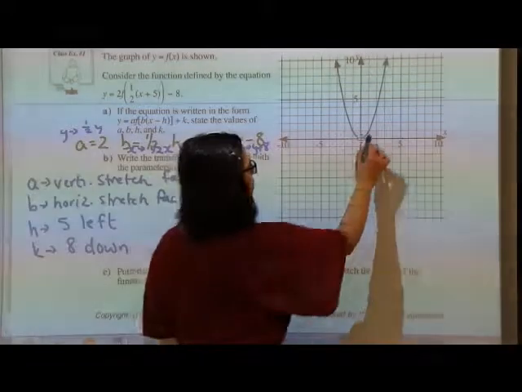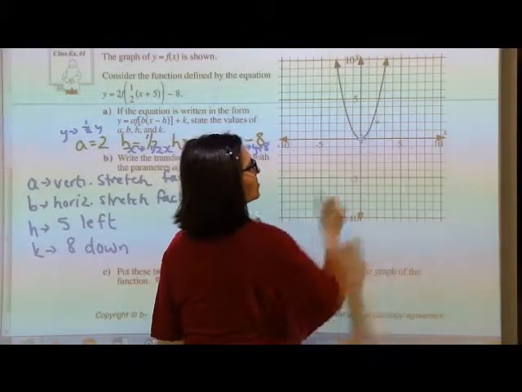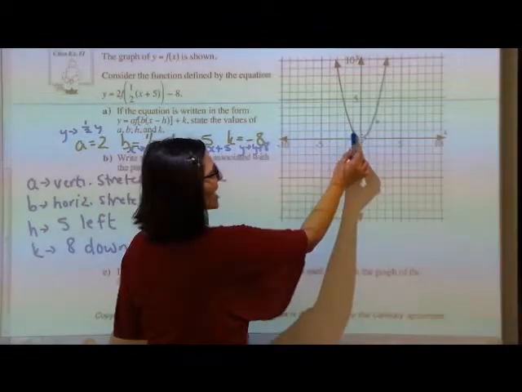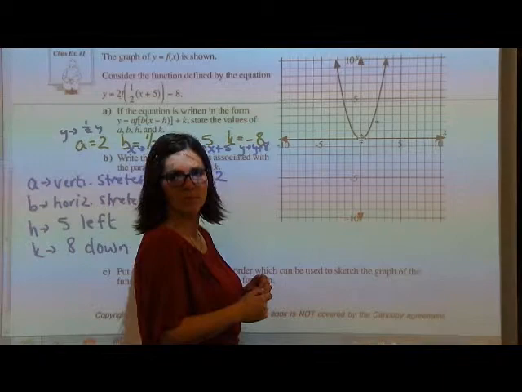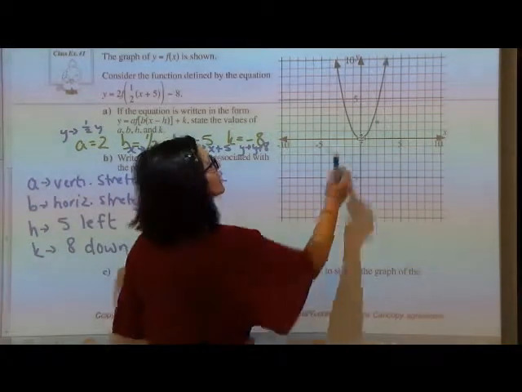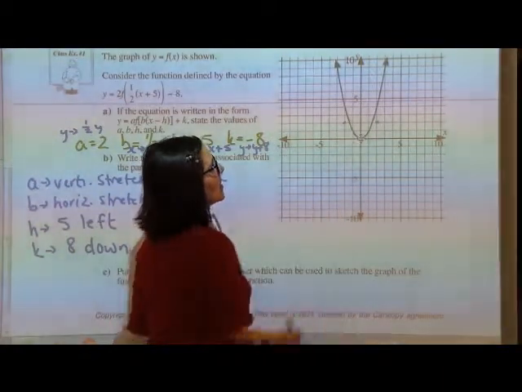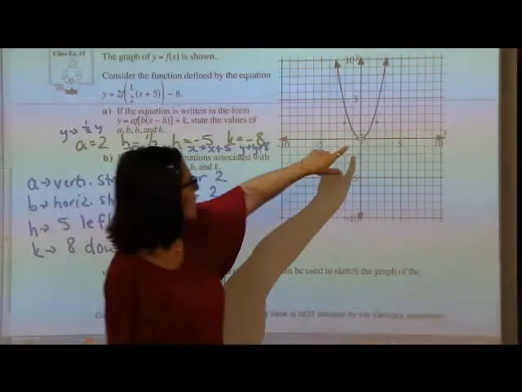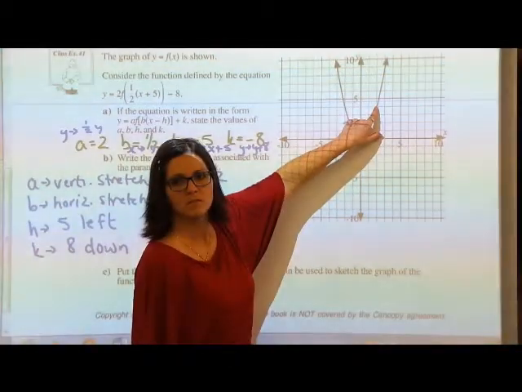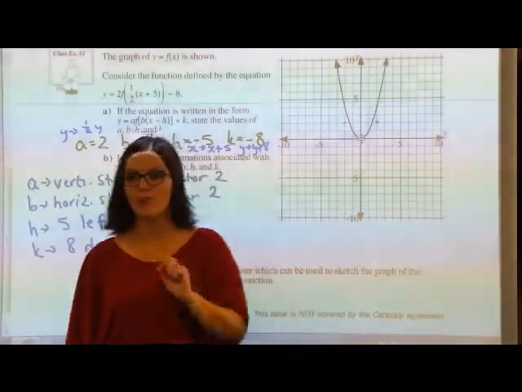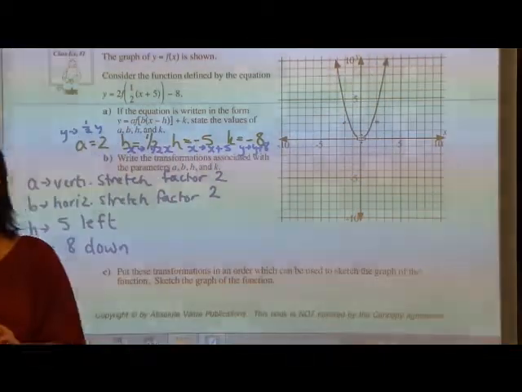So this point of 1 and 1 is going to become 2 and 2. My -1 and +1 would become -2 and +2. And then I have another point which is at 2 and 4. So if I stretch that by factors of 2, where would my 2 and 4 go?